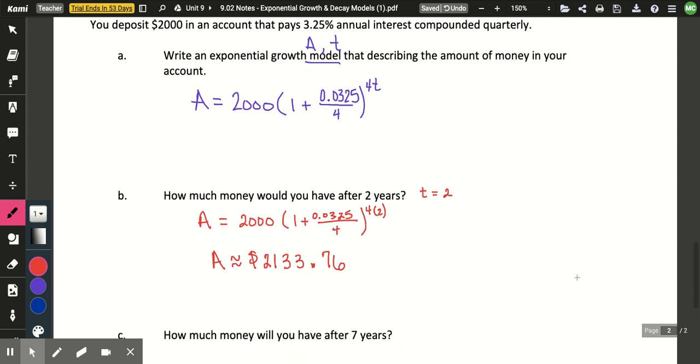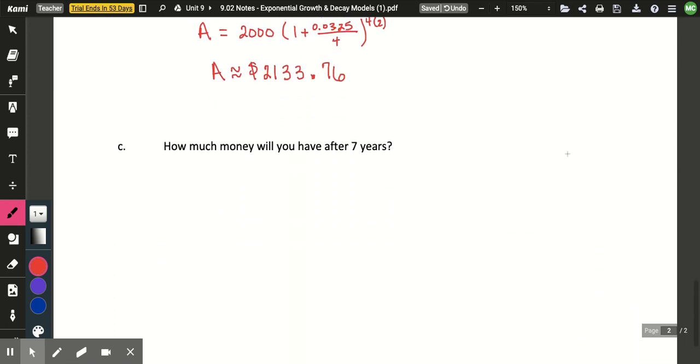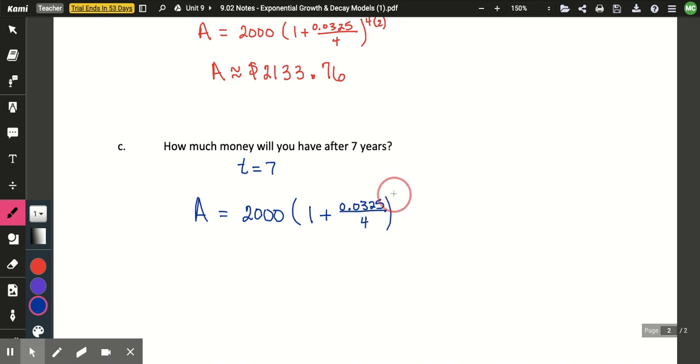All right. Now, one more question there. They want to know how much money will you have after 7 years? So this would be a T value of 7. So I would say A equals 2,000 times 1 plus 0.0325 over 4 to the 4 times 7 power.